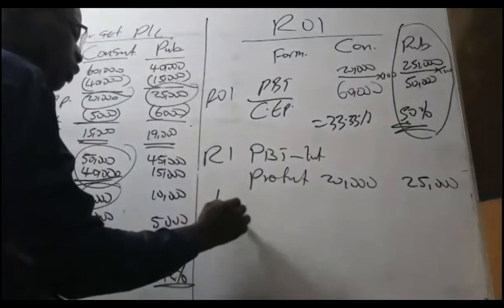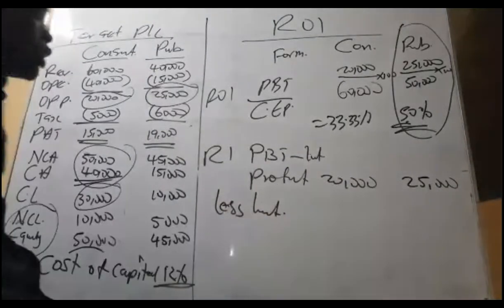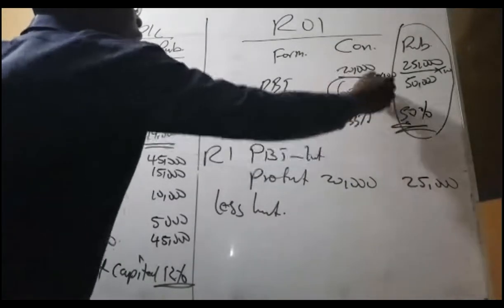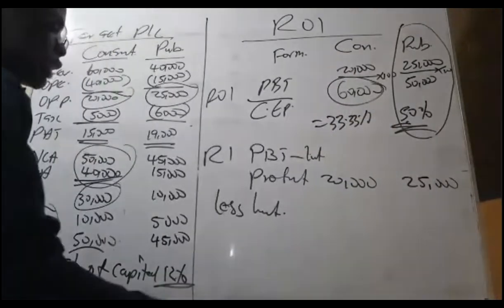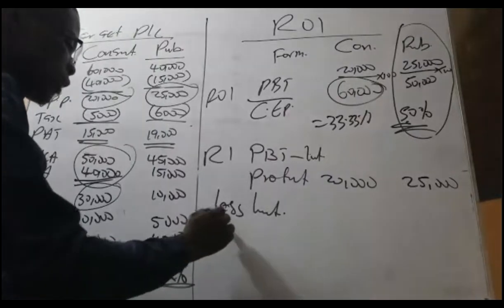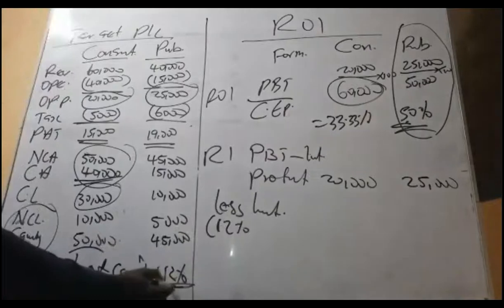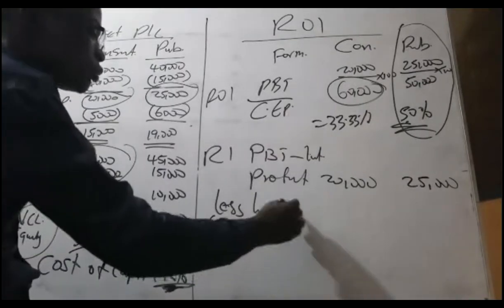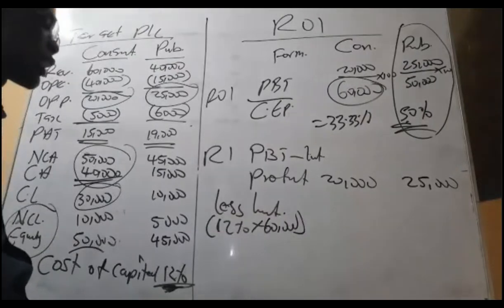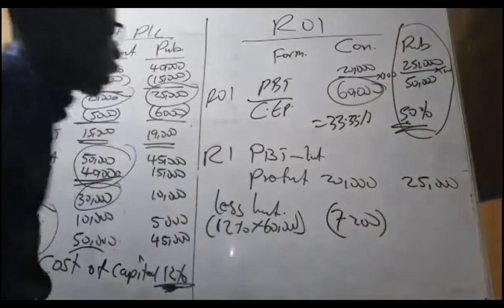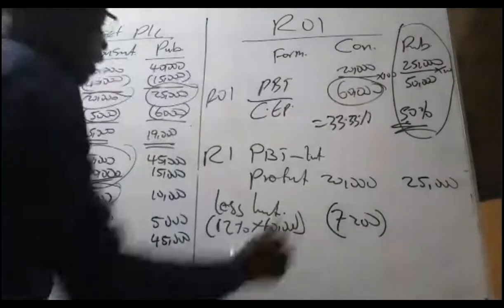Less what? The interest. What's the capital employed? The capital employed is here 60,000. So you pick your calculator, tell the examiner that this is 12% times 60,000, the cost of capital times the capital employed, and this will give us 7,200. Then do the same thing for here.